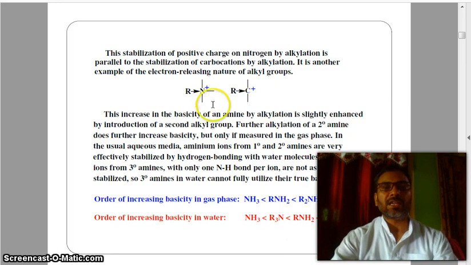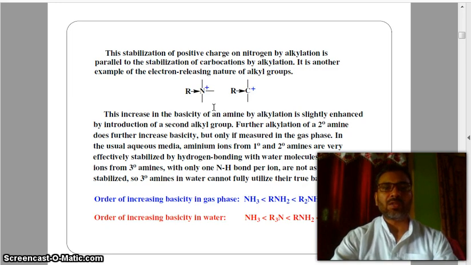introduction of a second alkyl group. Further alkylation of a 2-degree amine does further increase basicity, and that is important here. We have to remember it, but only if you measure in the gas phase.